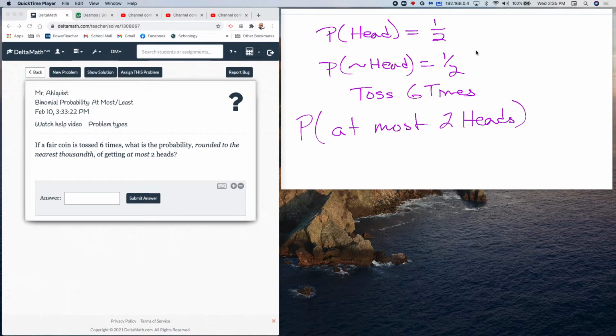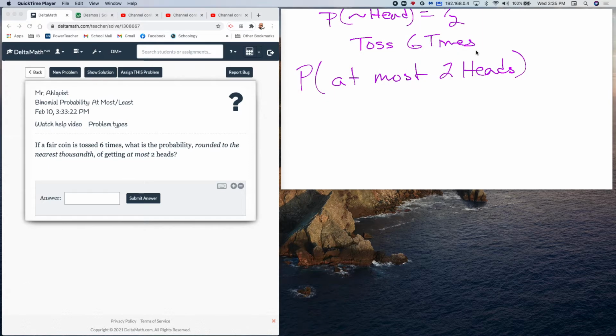Well, think about what that means. At most 2 heads. Isn't that the same thing as doing the probability of 0 heads plus the probability of 1 head plus the probability of 2 heads?